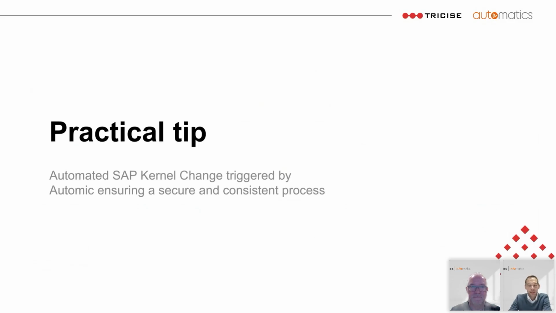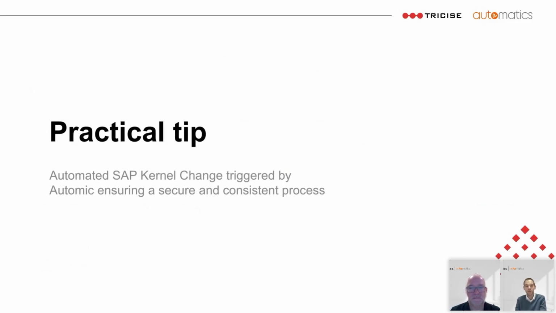Yeah, the next step would be to show you how this will be handled on the technical level between Automic and Automatics. So we decided, for the first step, to take a more generic use case. For example, you have a business process which is really important to be finished before the operational tasks start.